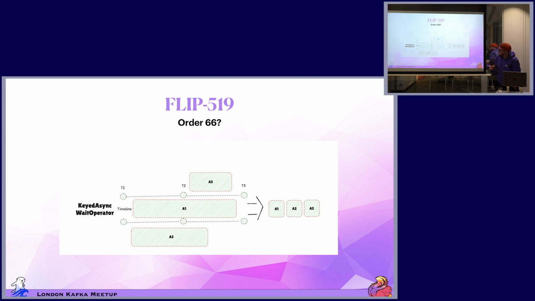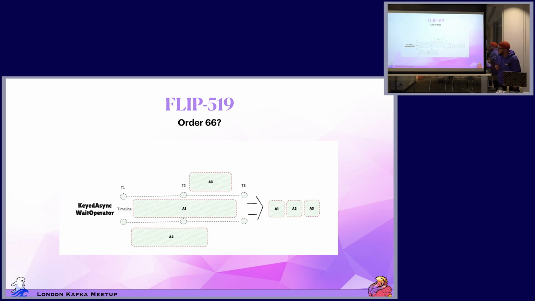What is shown in this diagram is, imagine that you have some updates for a specific key. The diagram depicts one key, and these events A1, A2, A3 are different updates that take some time to be processed.